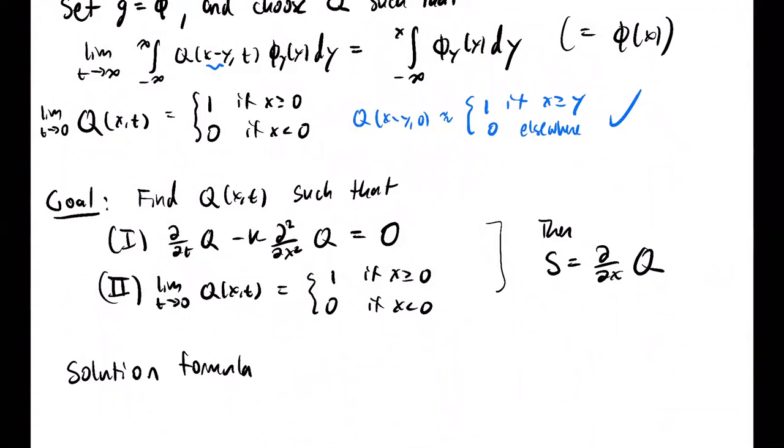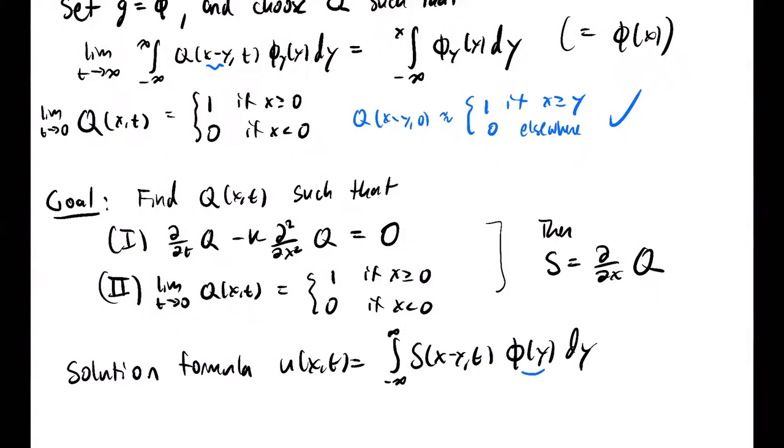And so the solution formula will be u of x, t equals the integral from minus infinity to infinity of this function s, which is the derivative of q, times phi of y, where phi is the initial condition. Right, so here's your initial value, and this is your source function.